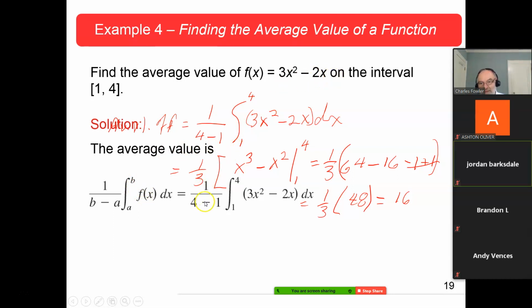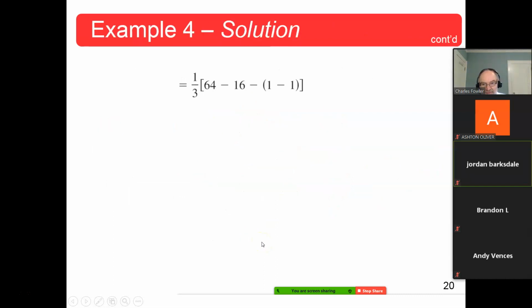So this is 1 over 4 minus 1 times the integral from 1 to 4 of 3x squared minus 2x dx. They put parentheses in too. Now they did calculus. 1 over 3, the antiderivative of 3x squared is x cubed, minus the antiderivative of 2x, which is x squared, evaluated there, and that would be 1/3 of 64 minus 16.